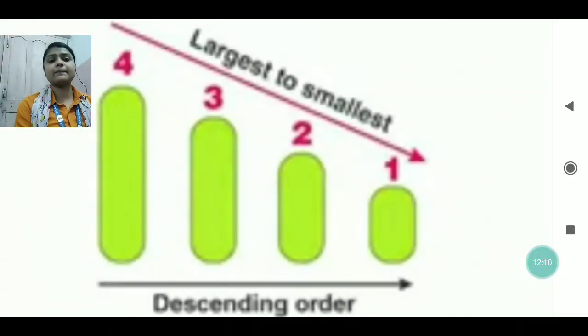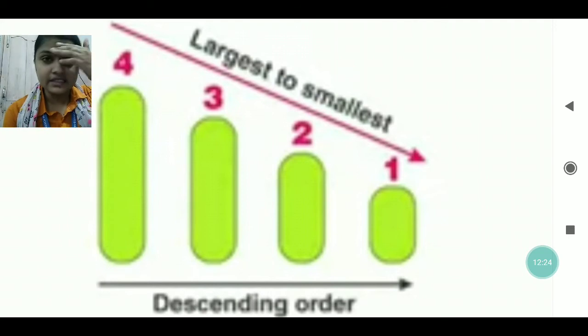You can see this example: from the largest, that is 4, it is decreasing to 3, then to 2, and then 1. So from largest to smallest, it is going in decreasing order.